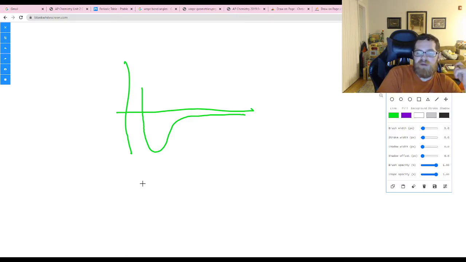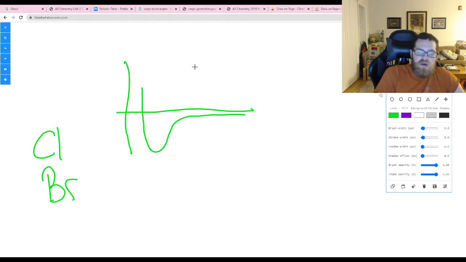One of the most common ones to do this with is actually chlorine, and this is the example that's given in your problems for this chapter. If we look at chlorine, and we're asked to compare a chart for bromine, you might be asked to draw a second chart for bromine based on this one.